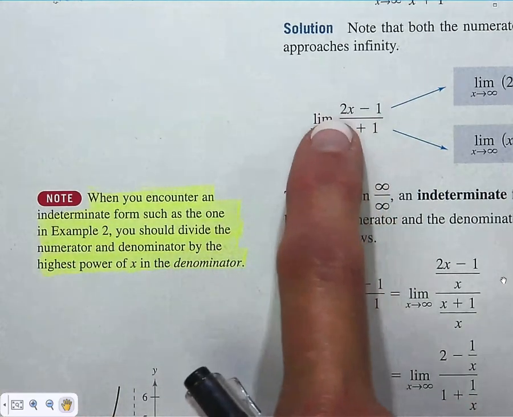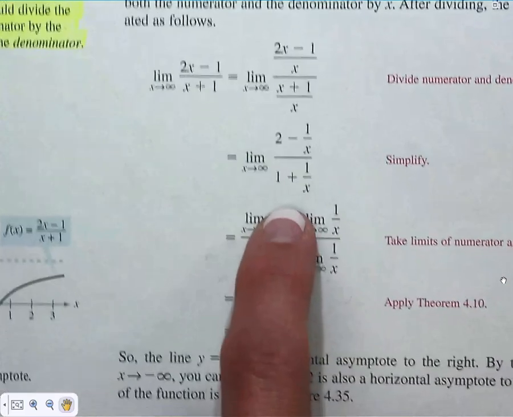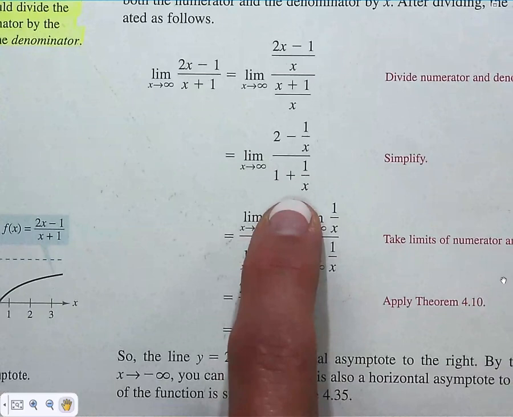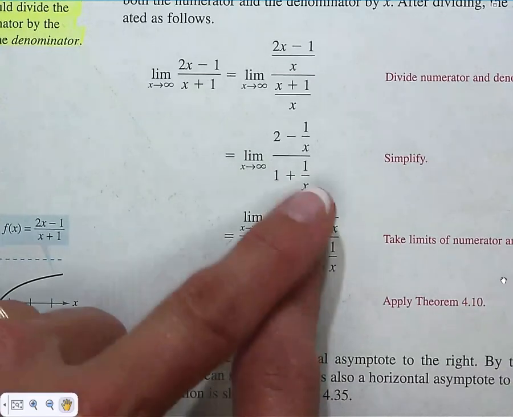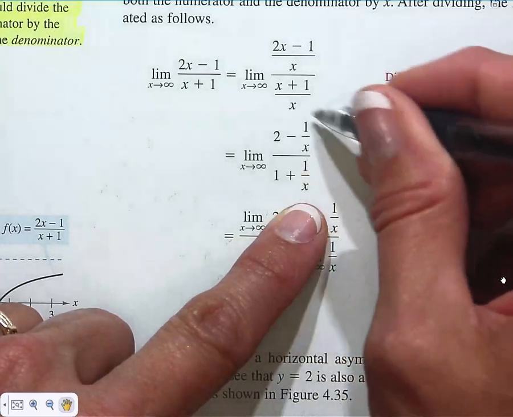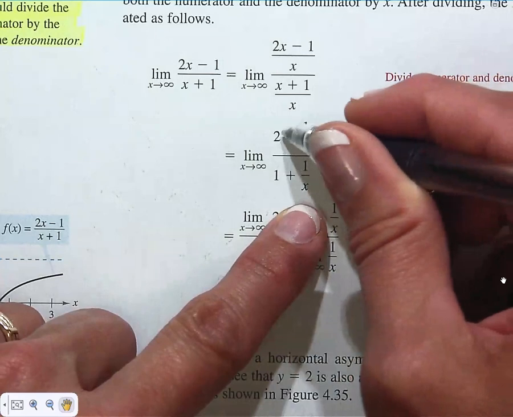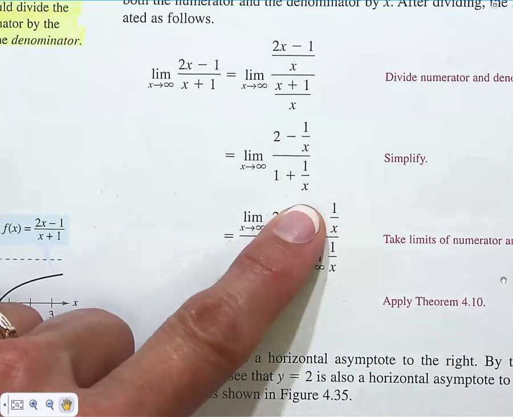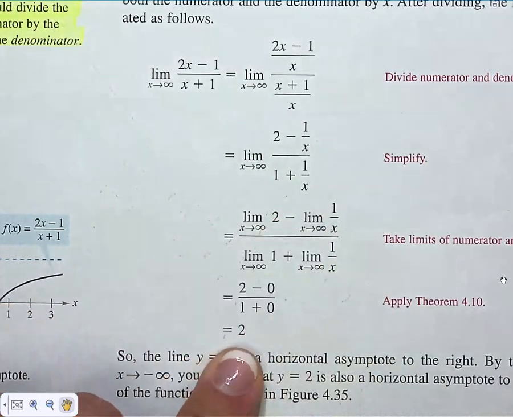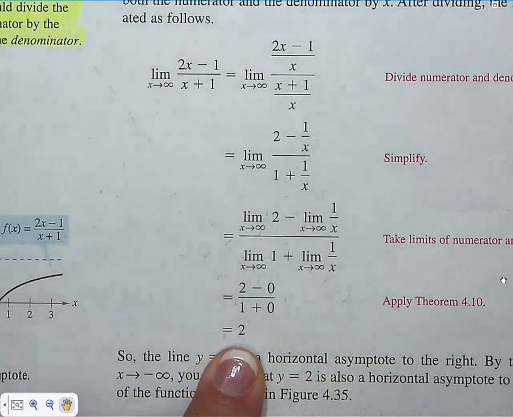So if I divide all 4 of those terms by x to the first, this is what I have. And then I can see that as x goes to infinity, that would be going to 0, that would be going to 0, and all I'd have left is 2 over 1. That limit is 2. Now that technique comes in pretty handy, but I'm going to show you why I don't have to use it in just a second.